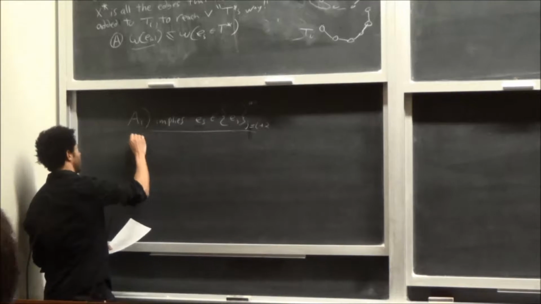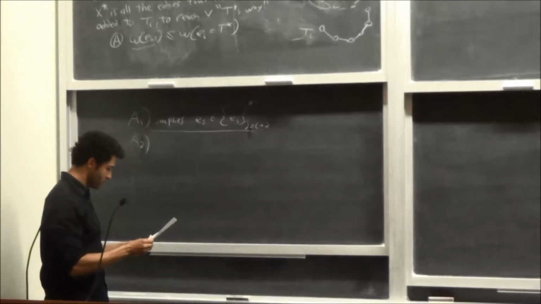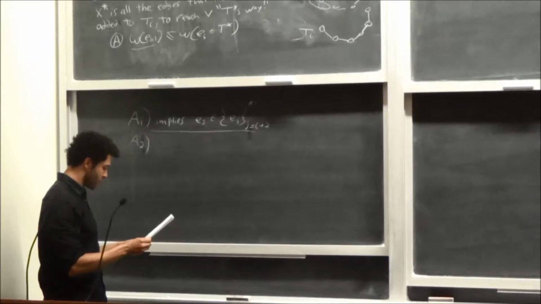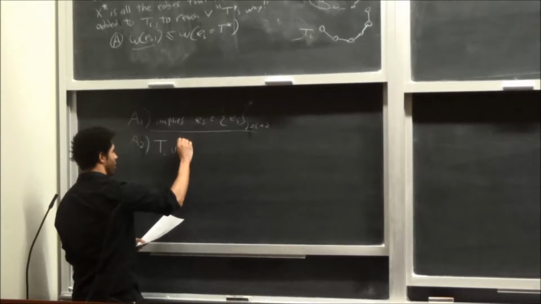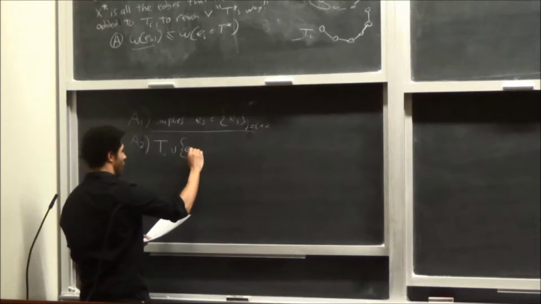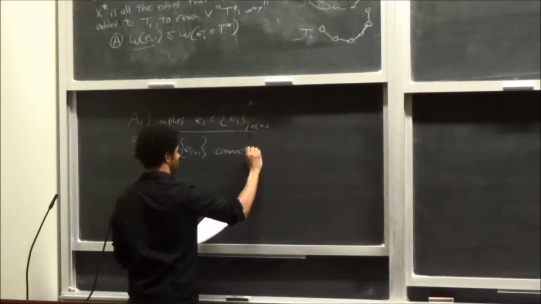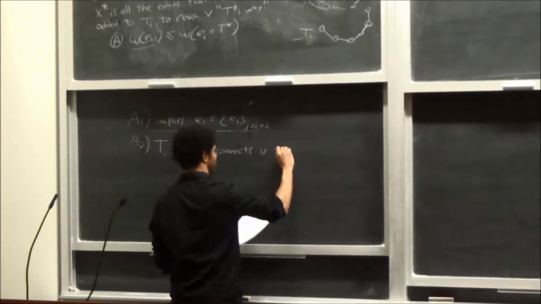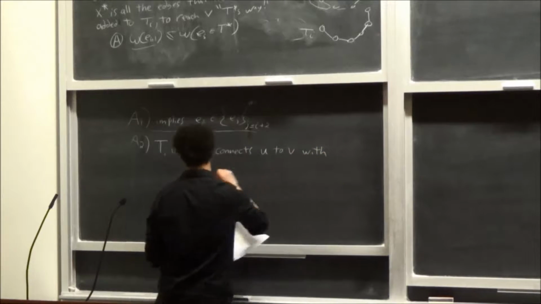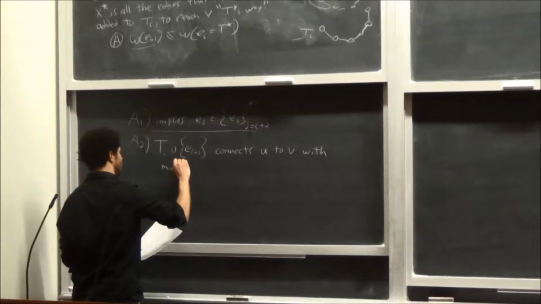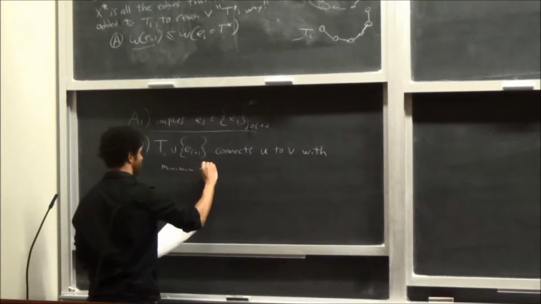And then if we think about the other case, or A2, we know that our T_i union with our E_{i+1} connects U to V with minimum weight.